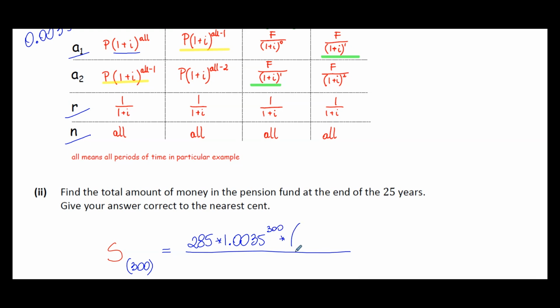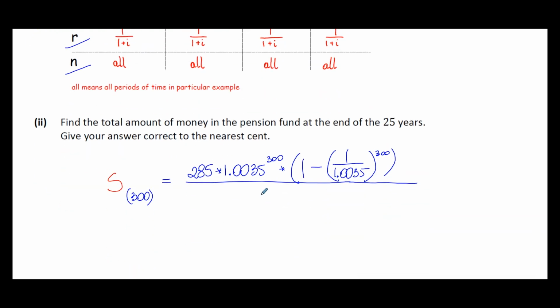That is multiplied by bracket 1 minus, and then R, like I'm saying, always it will work if we express it that way, 1 over 1.0035. And that R is taken to the power, isn't it? And my power N is all periods, meaning 300.